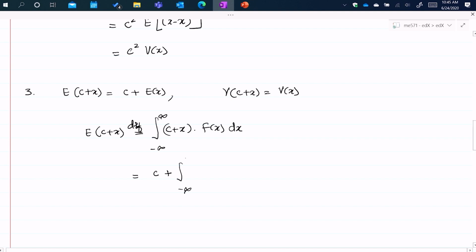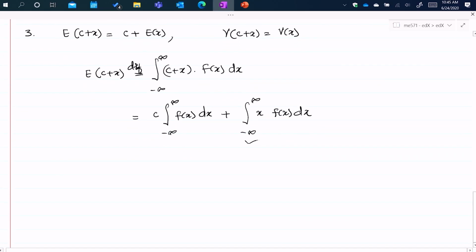So this is going to be c times the integral from minus infinity to plus infinity of f of x dx plus the integral from minus infinity to plus infinity of x times f of x dx. And this we recognize to be the expected value of x, and this we know to be equal to 1. So this is going to be c plus the expected value of x.